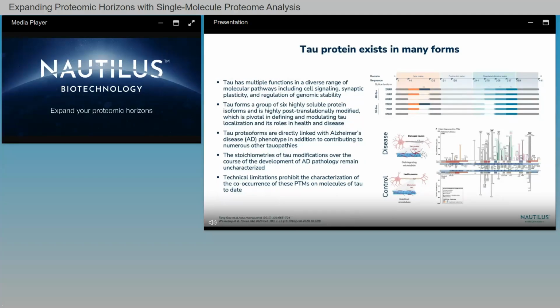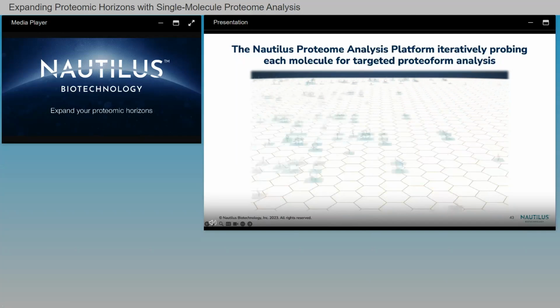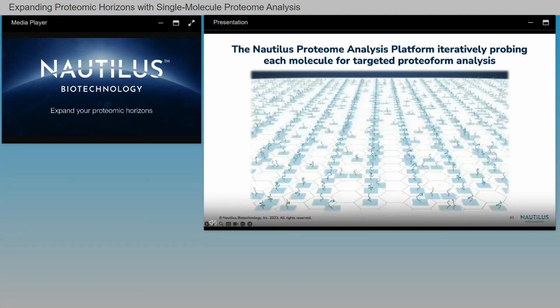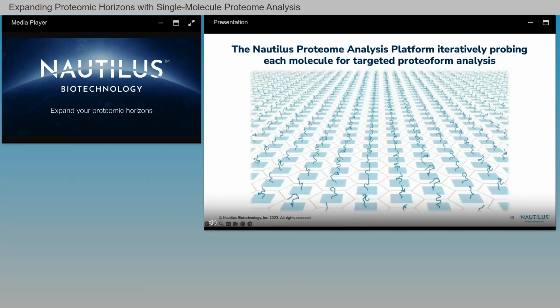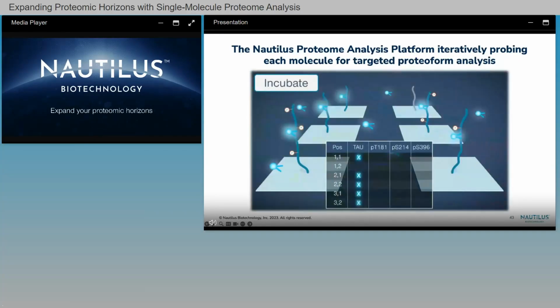In the Nautilus platform, the way that we do this is by using highly specific reagents. So to identify each molecule and determine its proteoform, the way that the platform works is, again, very similar. It's the same core platform. We perform our sample library preparation method, we immobilize the molecules. We might then introduce a pan-tau reagent just to figure out where all the taus are on the surface.